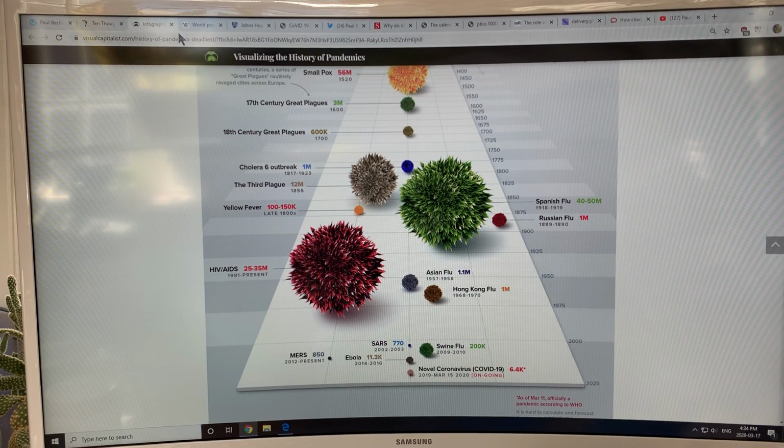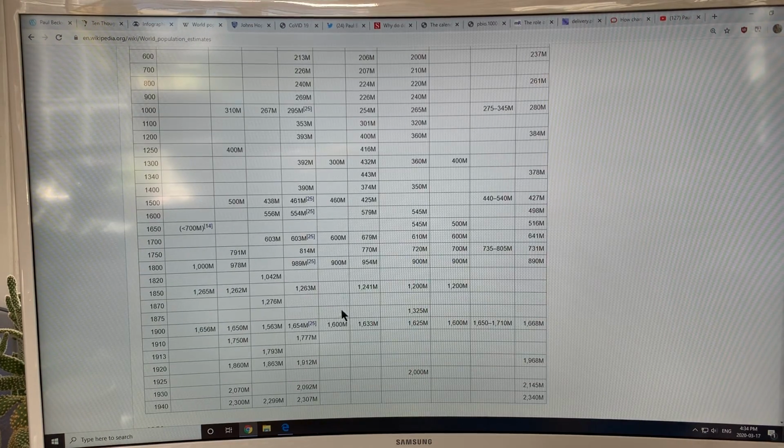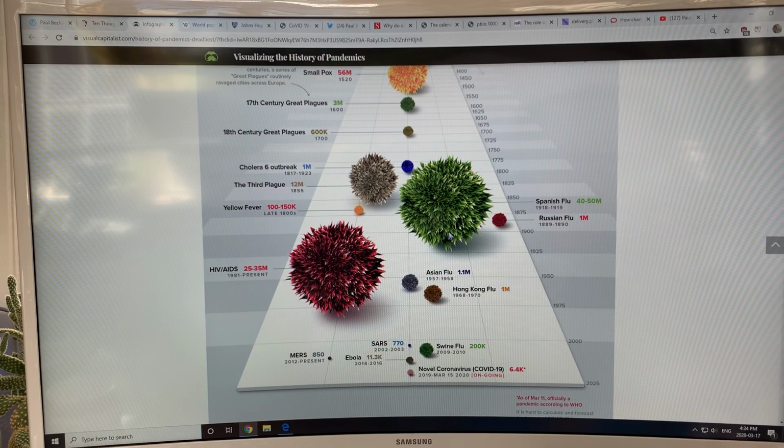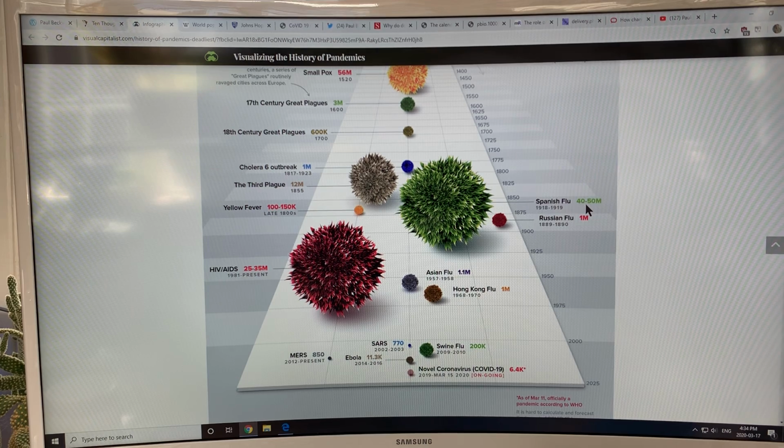If you look at the global population back then, in 1913, about 1.8 billion or so, 1.8 billion, 1.9 billion. So 2 billion would be, this would be 20 to 25% of the global population.